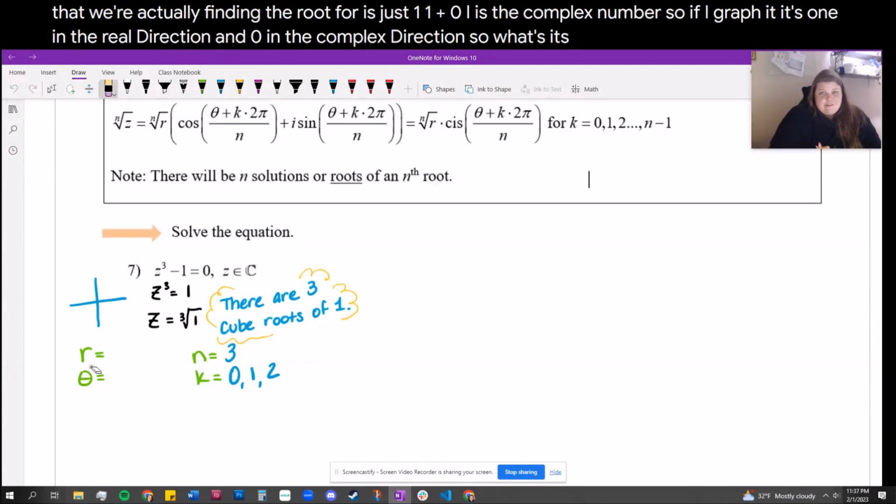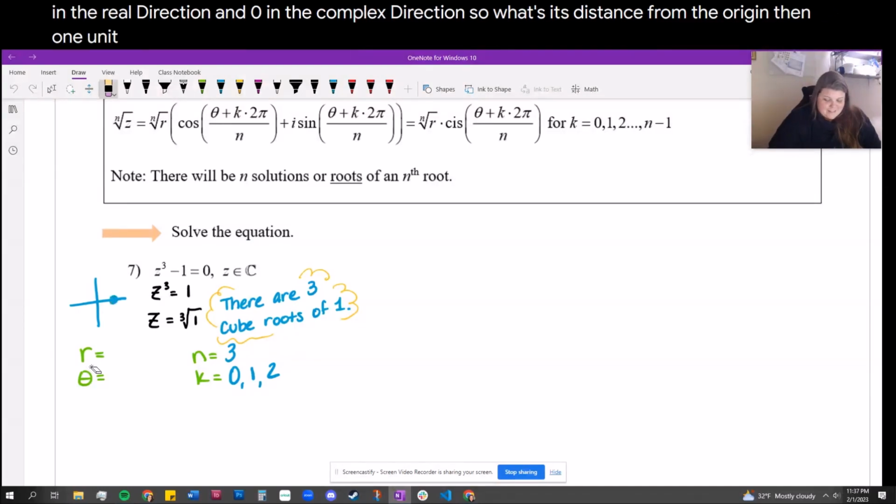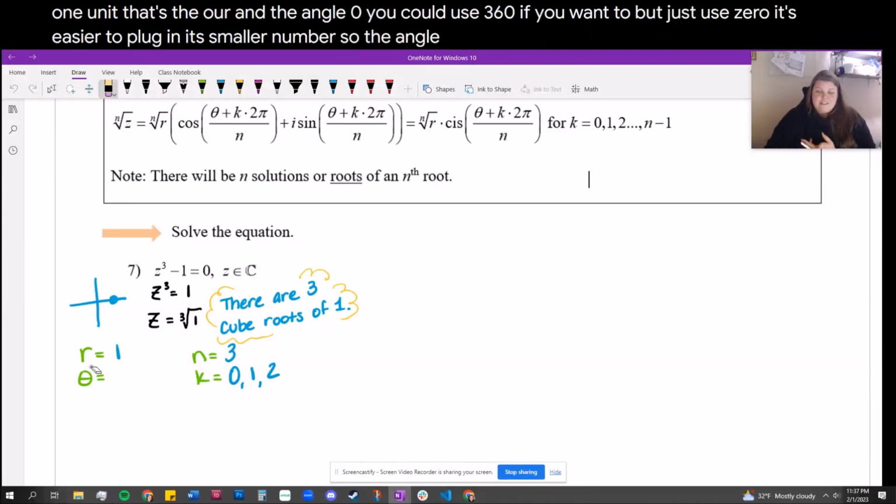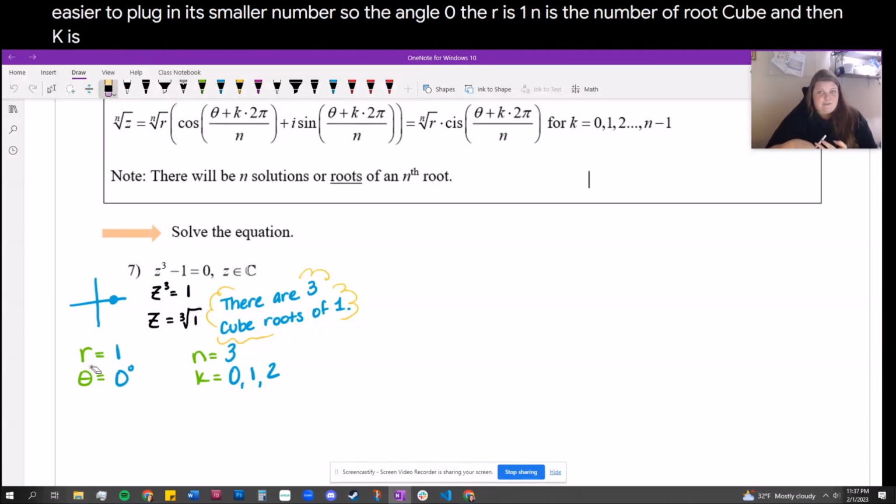So what's its distance from the origin then? 1 unit. That's the r. And the angle, 0. So the angle is 0, the r is 1, n is the number root, cube, and then k is a counter that counts up how many roots we have found.